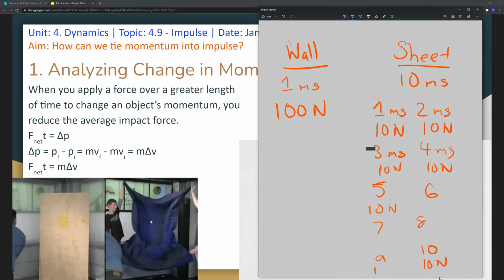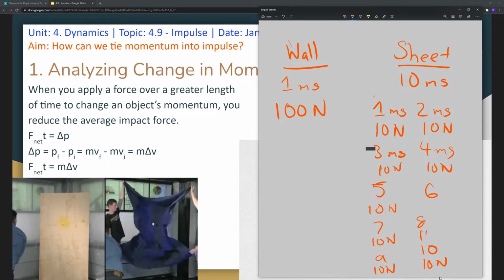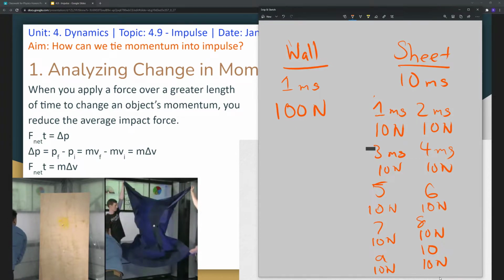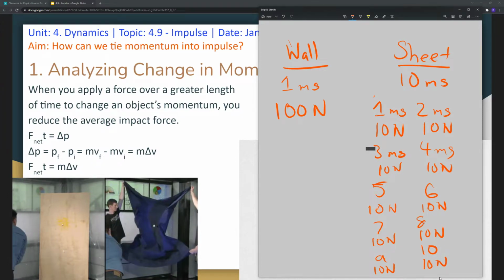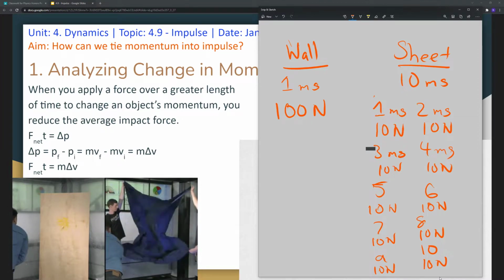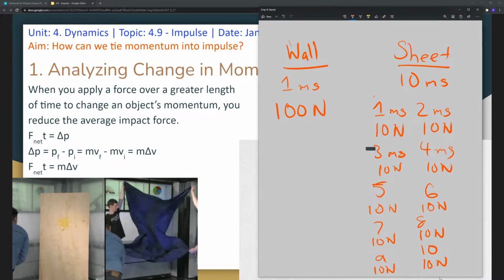So there's 100 newton force that would have been applied to the egg when it hit the wall in 1 millisecond. If it takes 10 milliseconds, you experience less force each millisecond, and so the egg doesn't break, right?